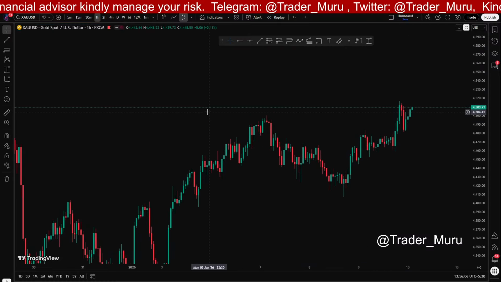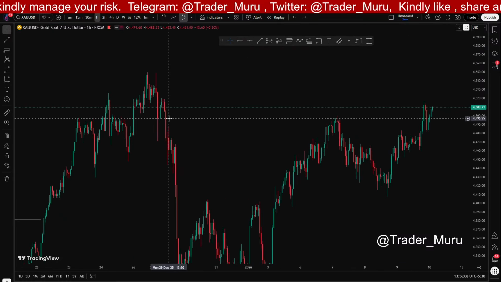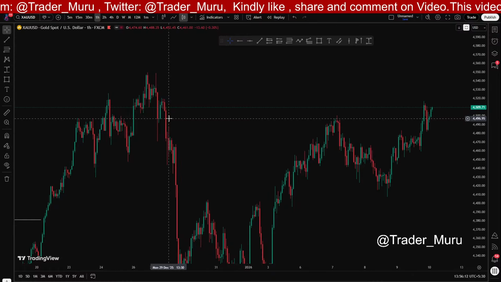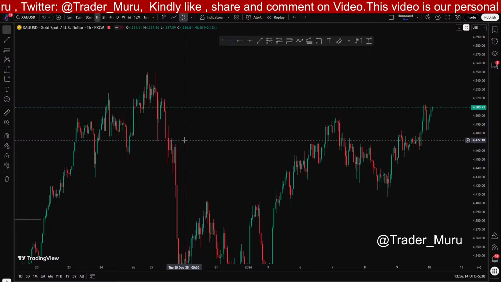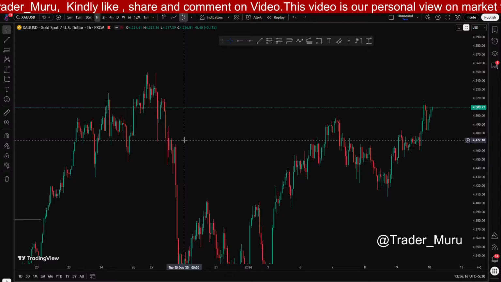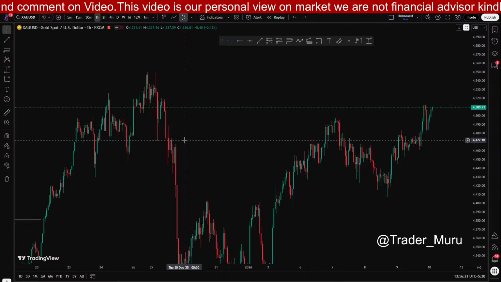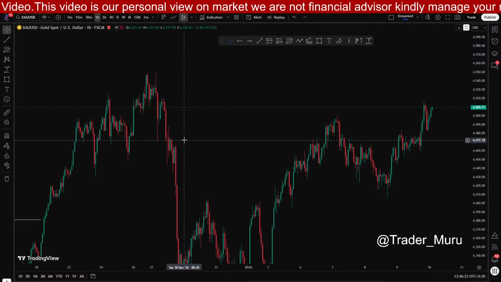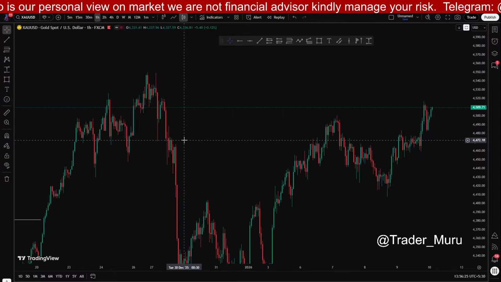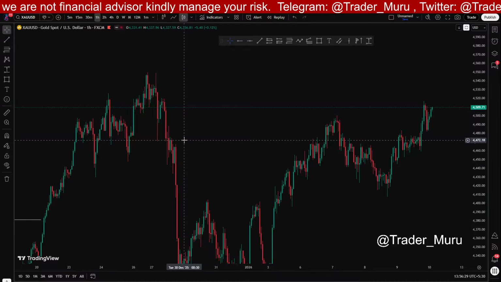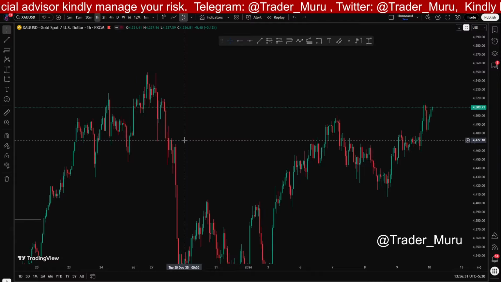But you should know when to use each thing. Breakout structure and change of character only give you the direction, but for entry you need order block, FVG, then liquidity, many things.